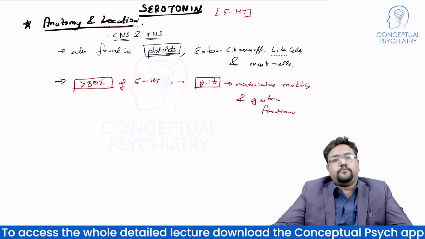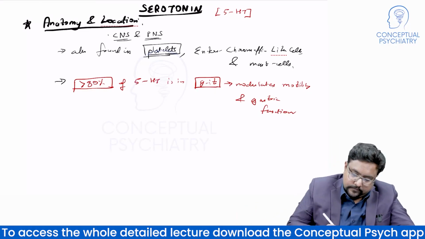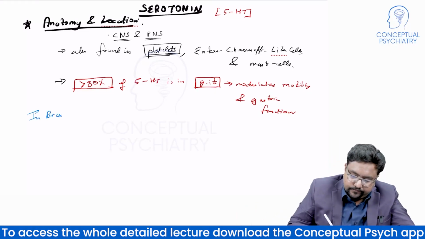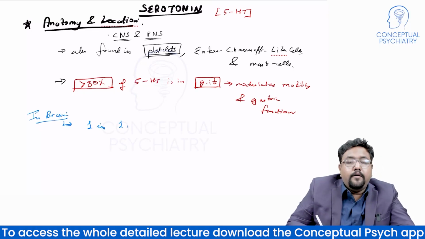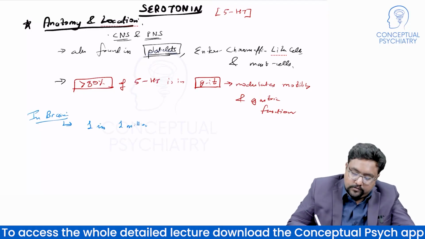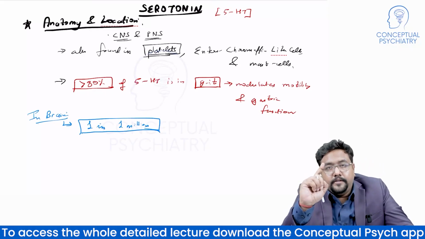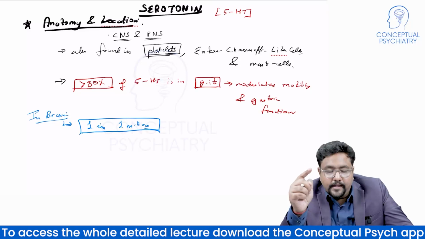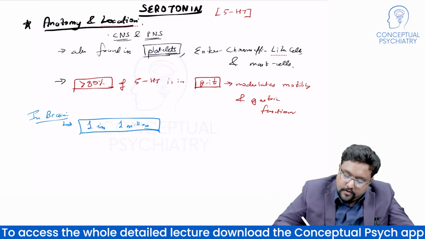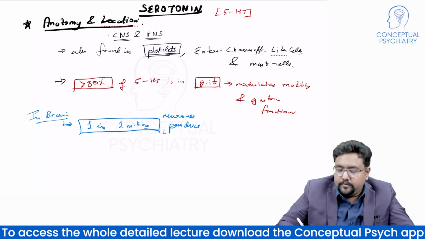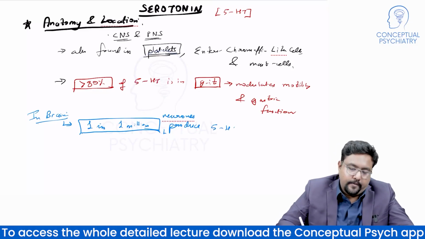Okay, fine. Next is, in the brain, some interesting facts and figures over here. Please remember, in the brain, 1 in 1 million neurons produce serotonin.